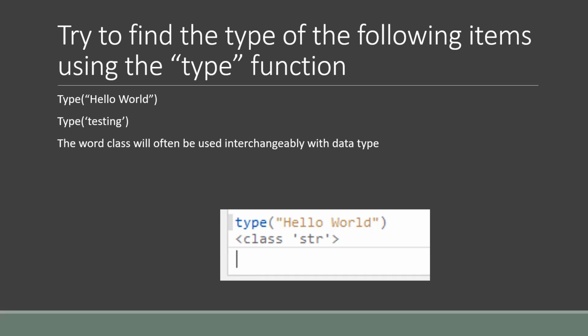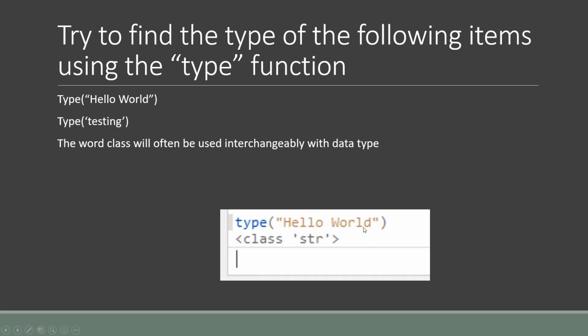I'll test it somewhere along the way to see if this is the type I was expecting. And sometimes it isn't. Sometimes it surprises me. Another thing too is that class can be used interchangeably with type. It's not exactly the same thing, but for our purpose here, it'll be the same.